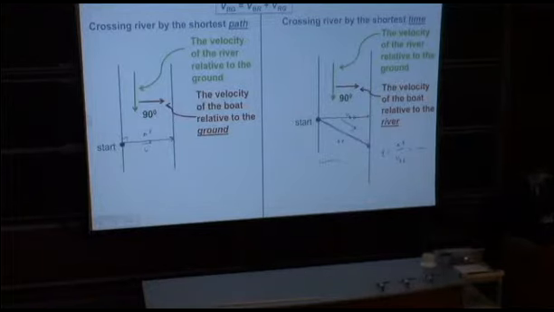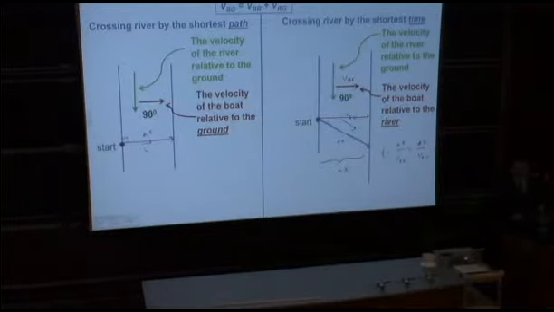So we could have called it delta x, which is the width of the river, and we should divide it by the speed of the boat relative to the river. And that completes all important situations.